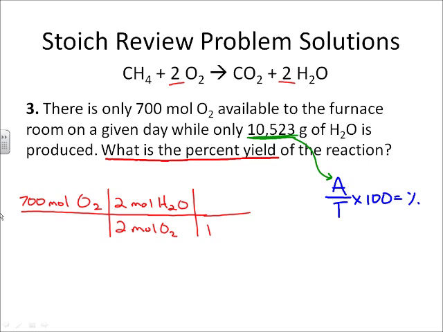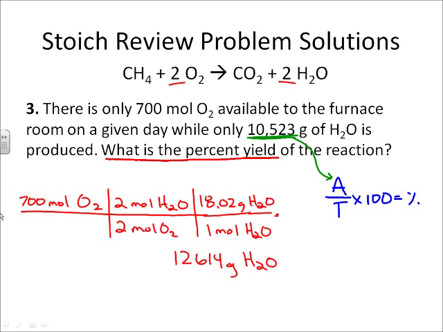And then change this to grams. So you go ahead and finish this calculation out. You should get 12,614 grams of water should have been produced.